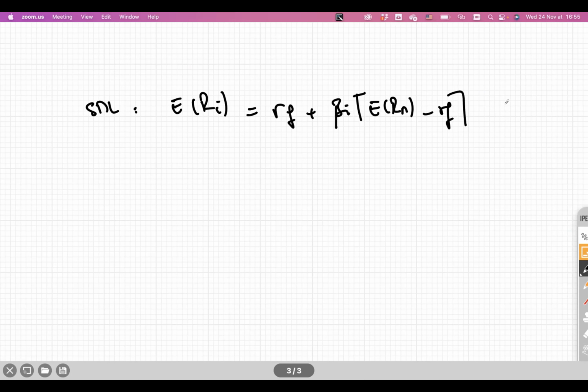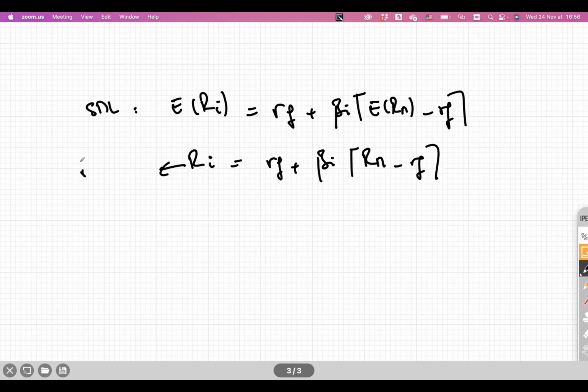But when we have observed historical data, like our example here, we will have RI equal to RF plus beta I times RM minus RF.